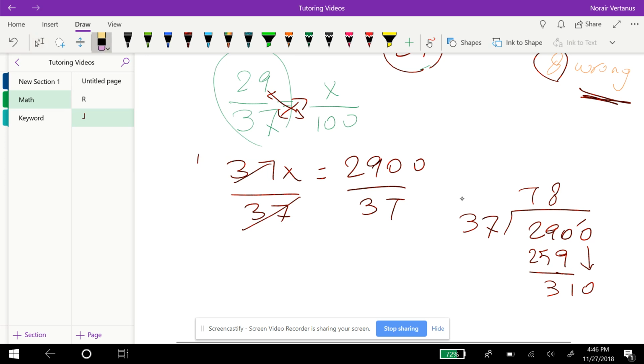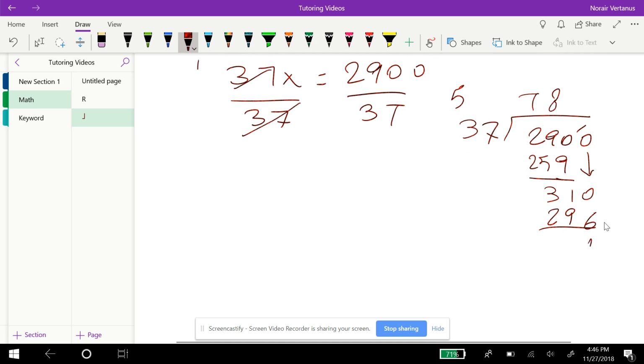Let me erase this. 6 carry 5. 3 times 8 is 24, plus 5 is 29, right? So if you subtract, that's going to be 4. And this is 0, 0. Then you borrow, it's going to be 10, 14. You can continue by this golden 0, borrow it. This goes down, becomes 0.